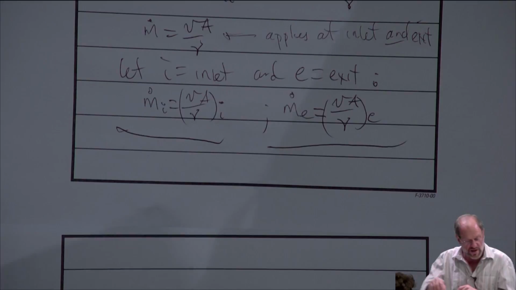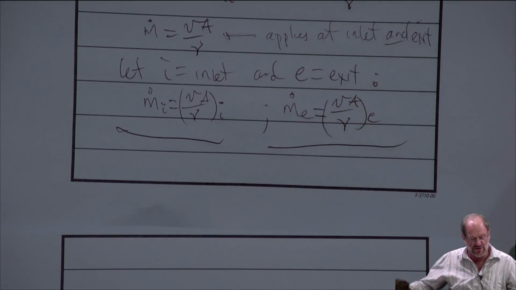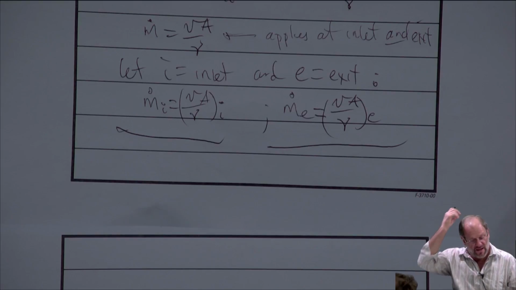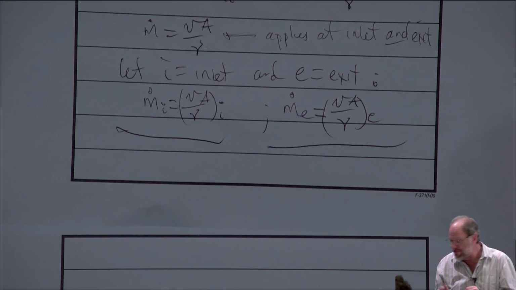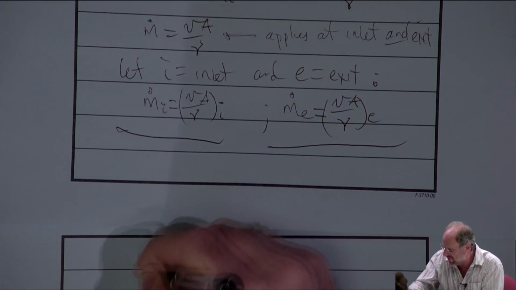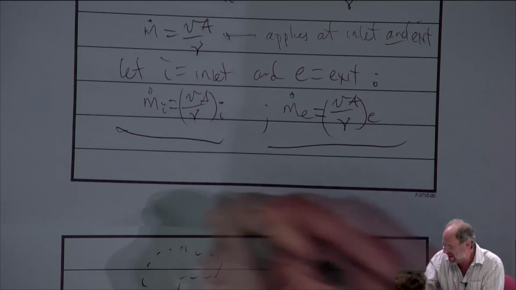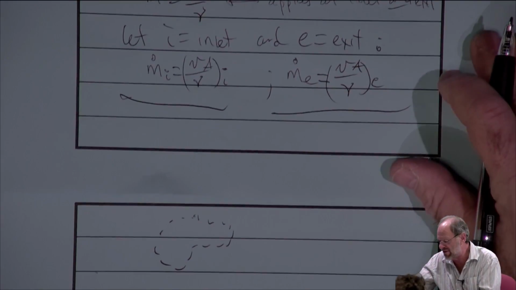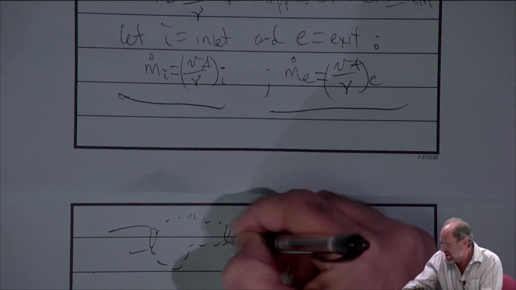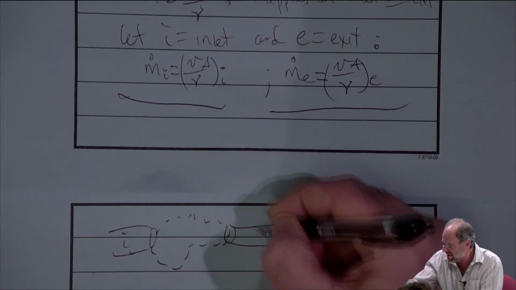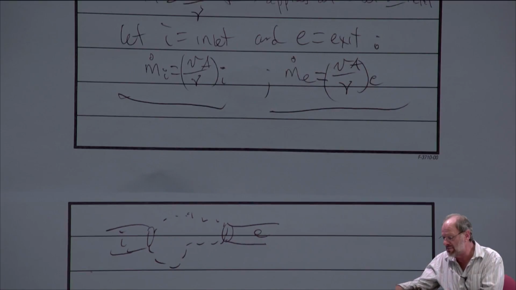All right, so now let's do this. Let's consider the relationship between the mass change of our control volume and what's going in or out. So, let's say that we have a control volume, and just for illustration, I'll give it the general shape of a pump. There's going to be some inlet pipe, so I'll just put I for inlet, and there's going to be some exit pipe.